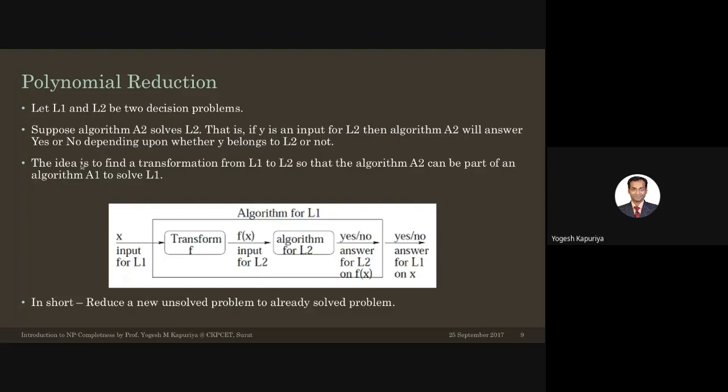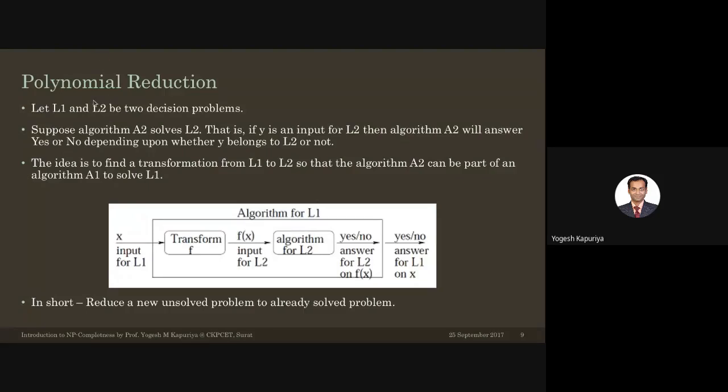We know what we mean by reduction. It means that you have been given two problems, L1 and L2. Both of them are decision problems. L2 is already known to you, so this is a known problem. That means you have a known method to solve it, right? Polynomial reduction means: can you reduce L1 to L2 by using some transformation function?